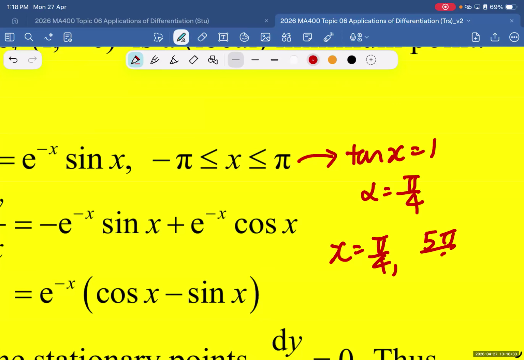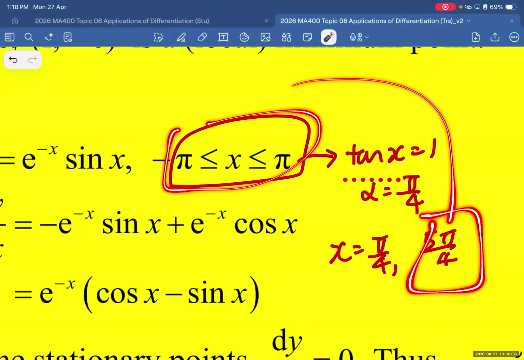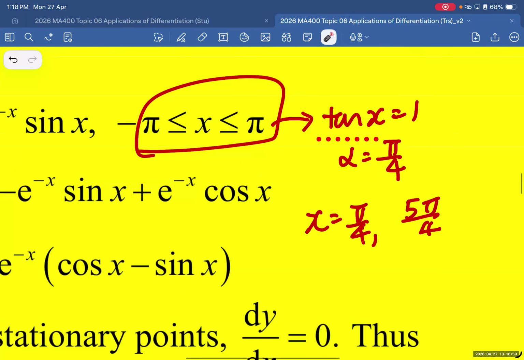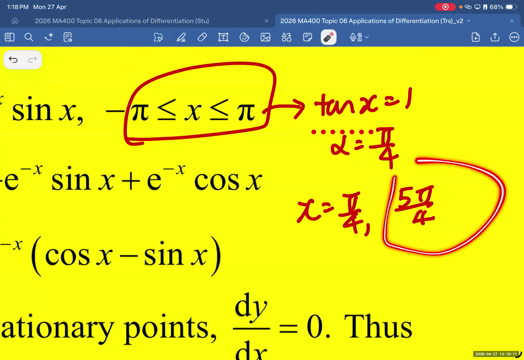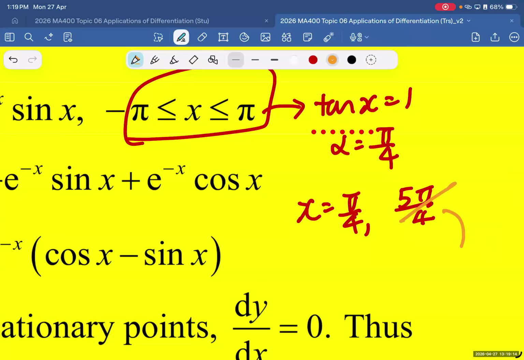When somebody is out of range, what do you do? Anyone can tell me? You got a second answer, but it's out. What happens if you lose your wallet? You go backwards, you trace your steps, minus 2 pi. So the answer is negative 3 pi over 4.